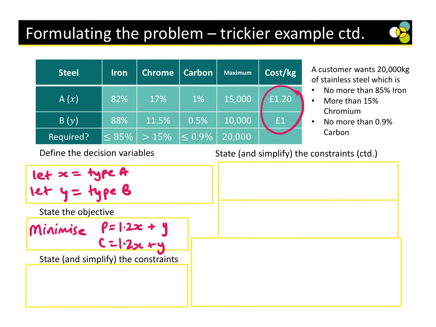Right, now we've got to state and simplify the constraints. Because these are in percentages, I would convert them to decimals. So what do we have? This is really, really simple.